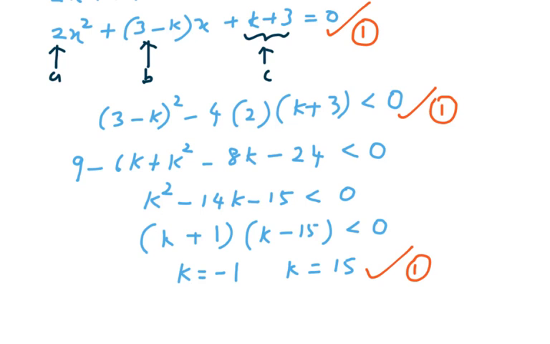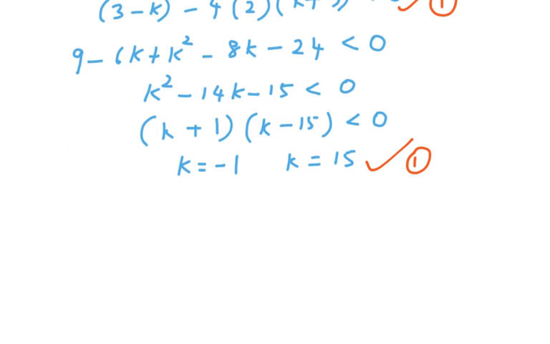Lastly, prove your answer by using a number line or graph sketching. In this case, if I'm using graph sketching, since a is a positive value, I will get a minimum graph where my critical values are negative 1 and 15.